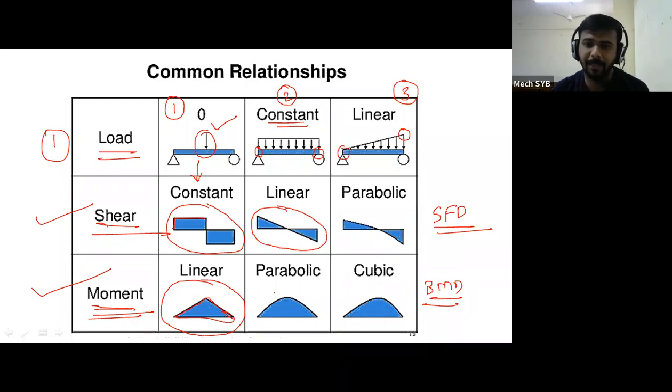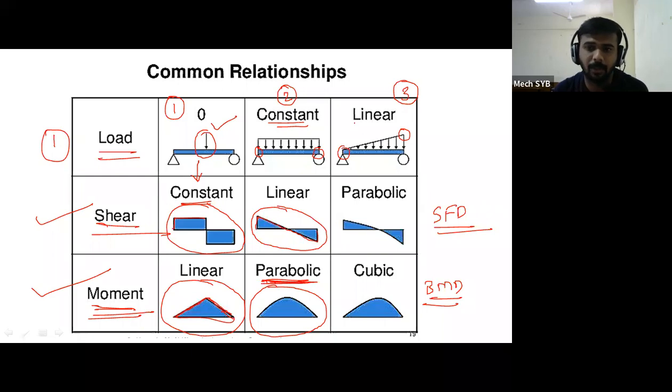And similarly, its BM calculation is represented by using one curve, and that curve is called a parabolic curve. See, if it is a point load, the SF diagram has horizontal or vertical lines and the bending moment diagram has inclined lines. If it is a UDL, the SF diagram has inclined lines, and for the bending moment diagram we use a curve. That curve is called a parabolic curve.